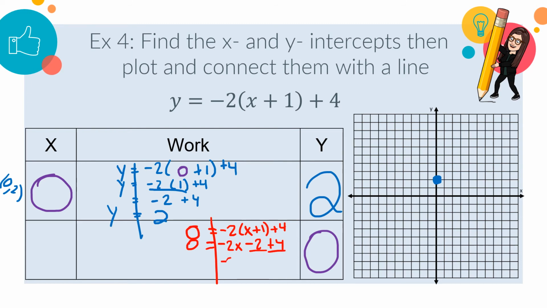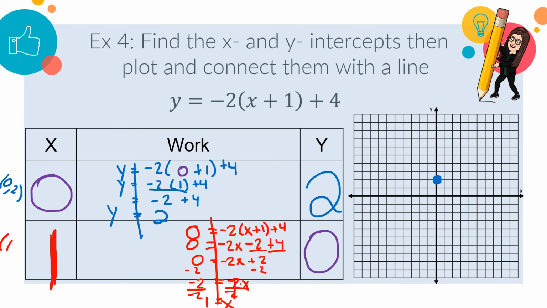What's negative 2 plus 4? Positive 2. Now we can solve for x. Minus the 2 to the other side, negative 2. The negative 2x falls down. I'm running out of room, I'm sorry. Instead of x times negative 2, let's divide both sides by negative 2. X falls down. Negative 2 divided by negative 2 is 1.